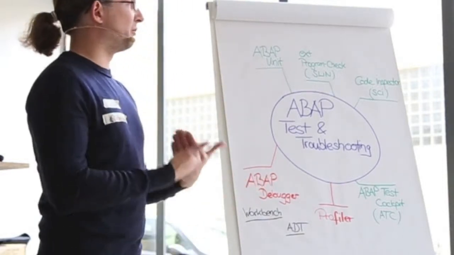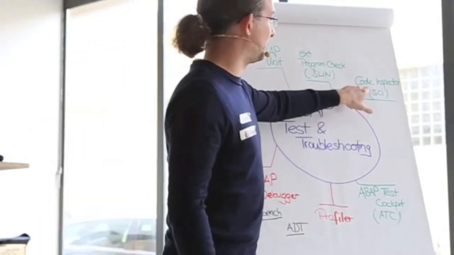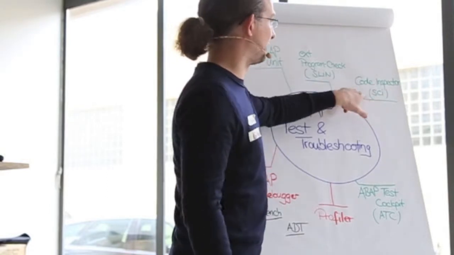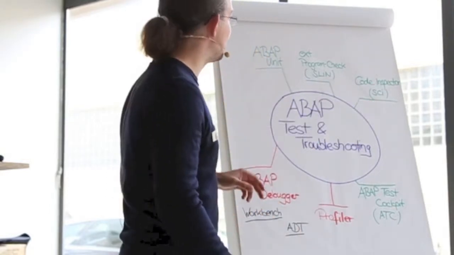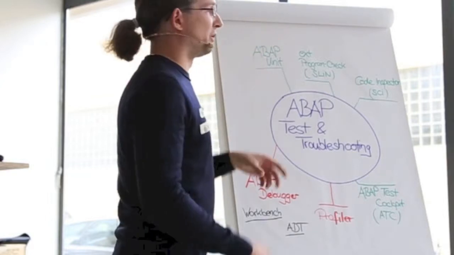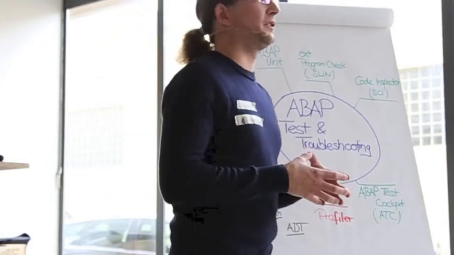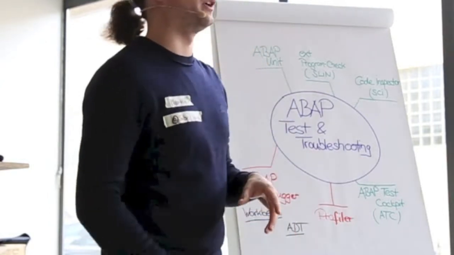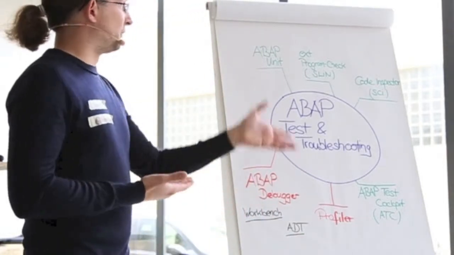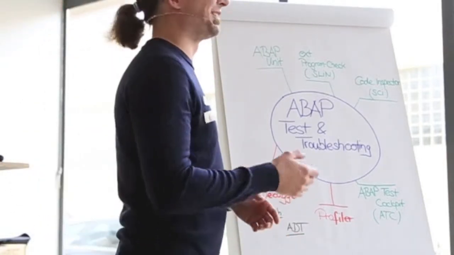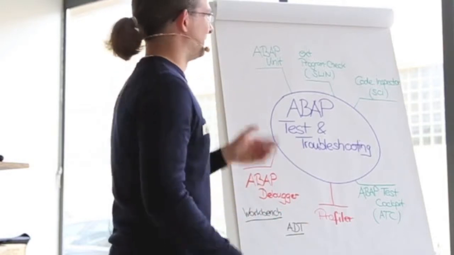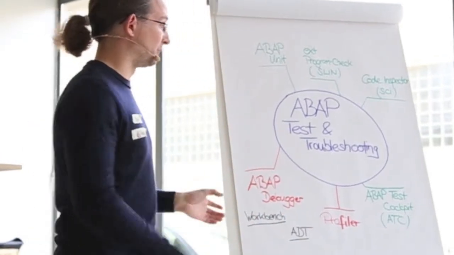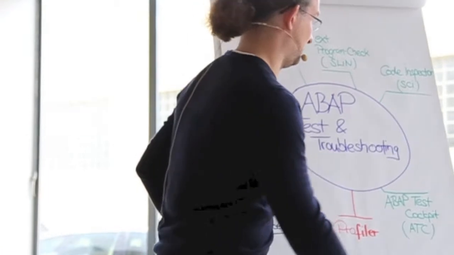Then every transport request runs through all the defined code inspector tests, and when you deliver your artifacts, your programs, reports, function groups, or anything else into the QAS system, you can be sure you get the most reliability that it will work.